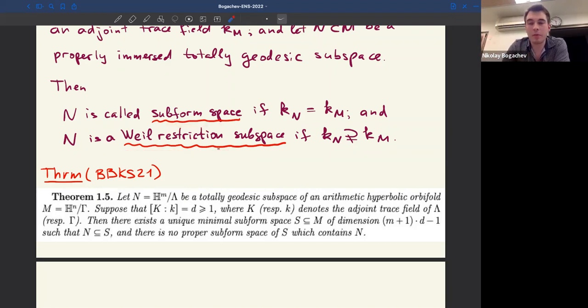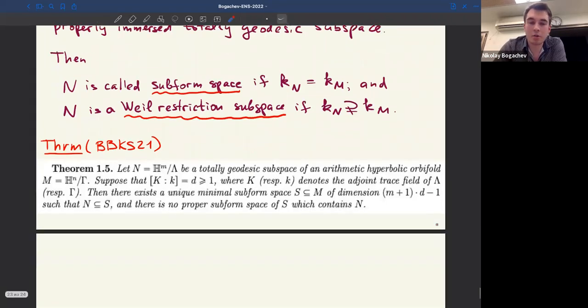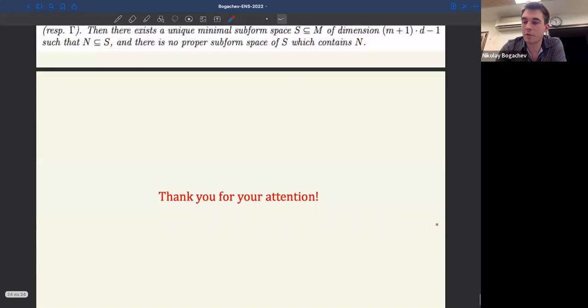And again, we provide examples, and here we also see that the dimensions can be computed if the degree is greater than 1. And yeah, we have more examples in the paper. I think that I should stop here. So thank you very much for your attention.